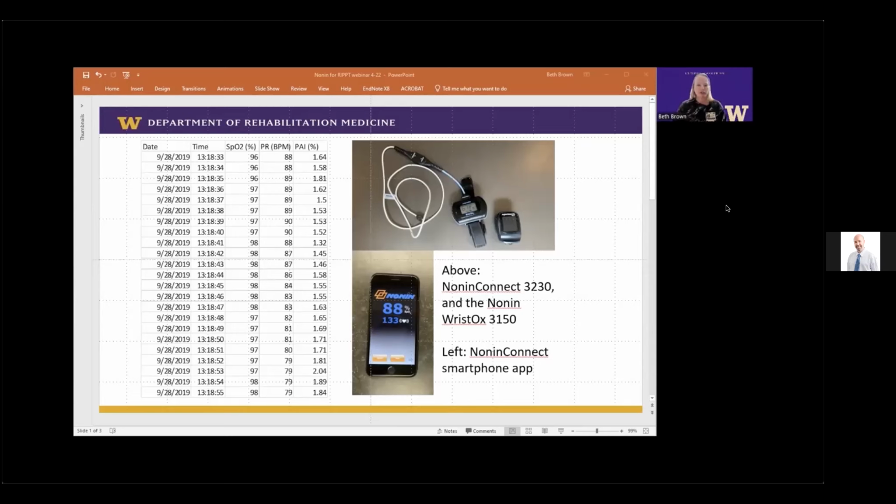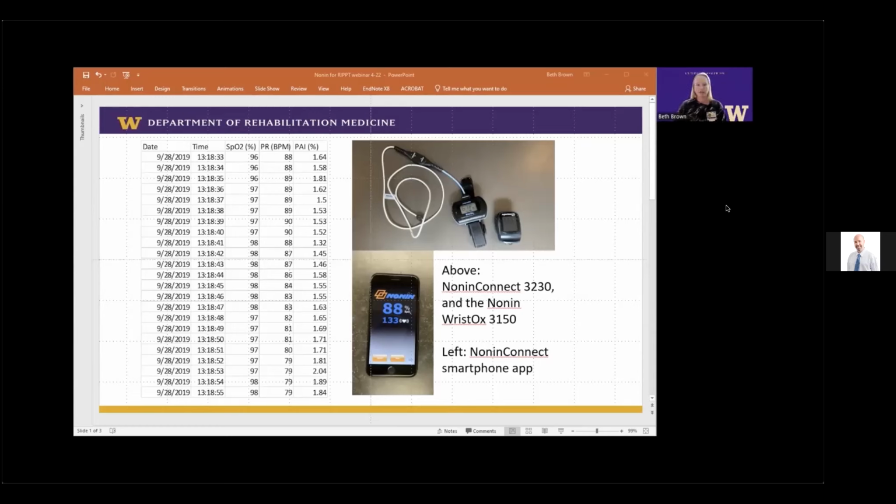But the two major advantages to both of these Nonin devices is that they permit continuous measurements. And this is shown as frequent as second by second when the data is downloaded. And this is important for monitoring during exertion, where we want continuous collection, not just spot checking.